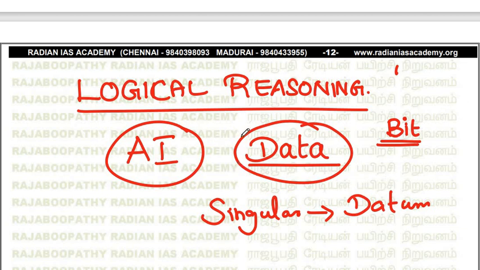Okay. Now what is logical reasoning? The logical reasoning finds origin in Rig Veda. Rig Veda is more than 3000 years old.